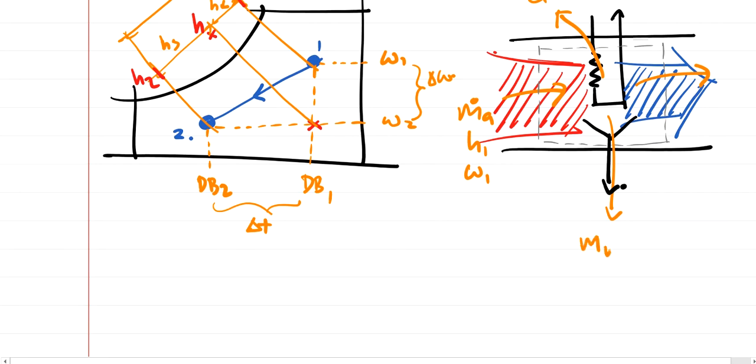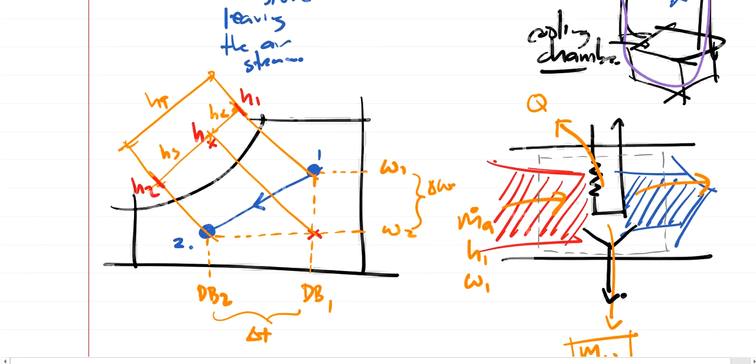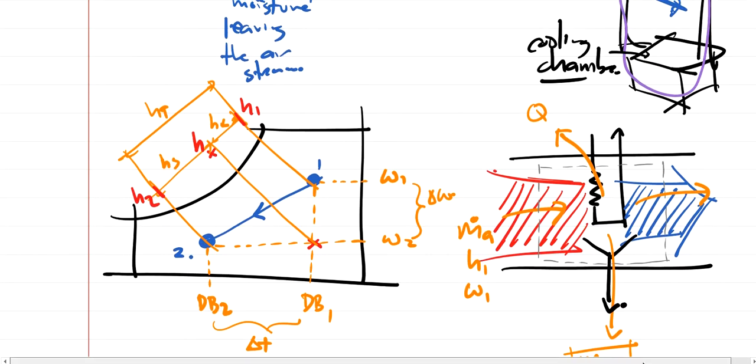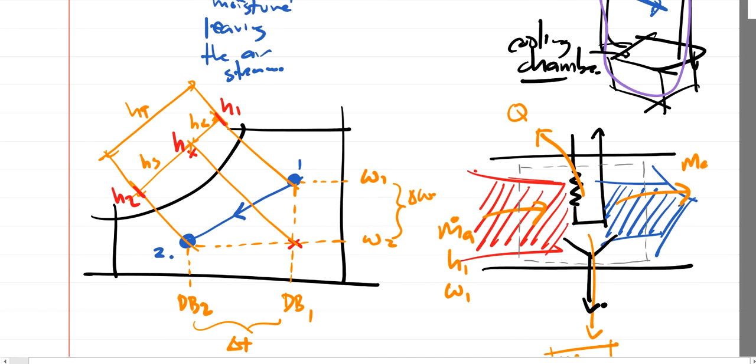So we have mass of water and the enthalpy of water that condensed from the airstream. And right here we have mass of air, or mass flow rate, with the enthalpy at state 2 and also the moisture content at state 2.